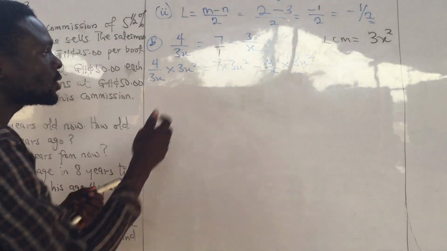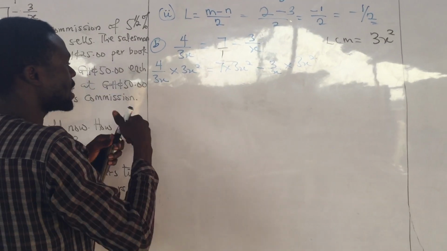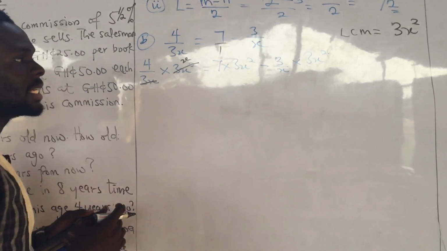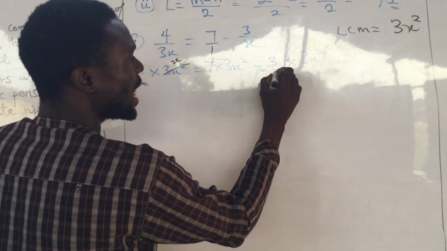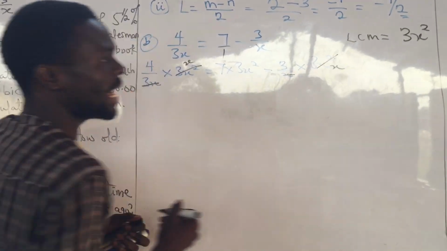Then we try to get rid of the fractions. You have 3x here, so the 3x will cancel out 3x, leaving behind x. Now here, x will cancel one of the x, leaving behind 3x.